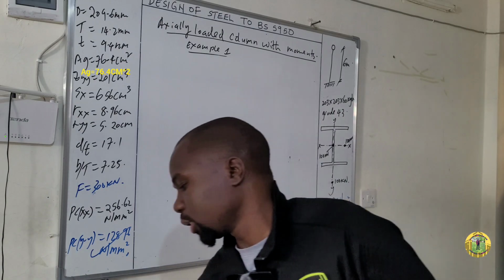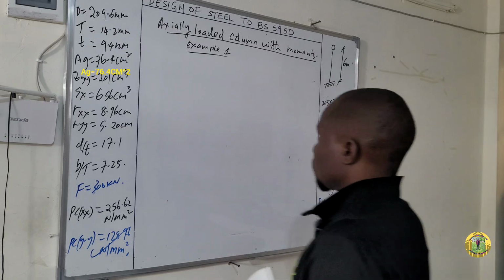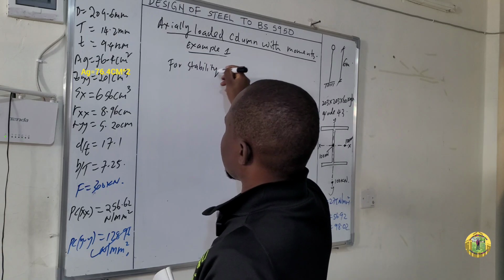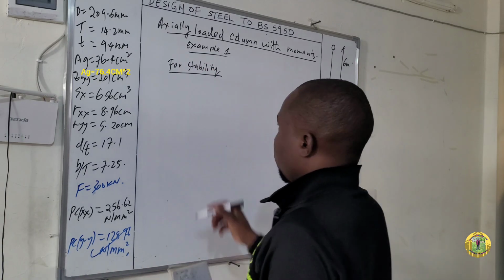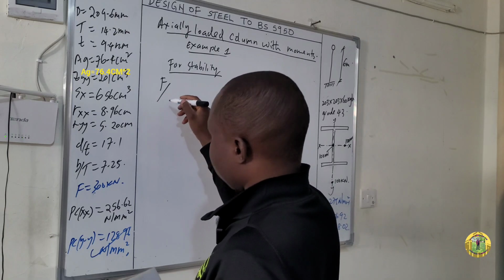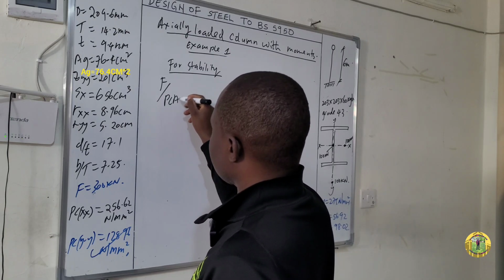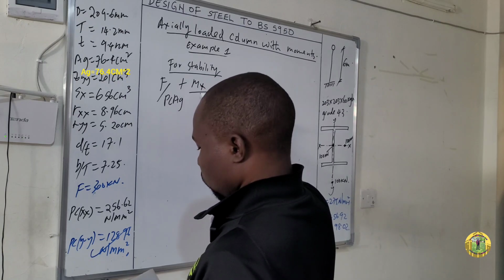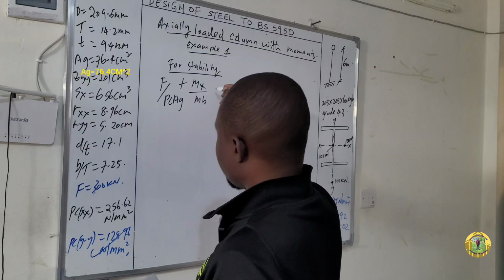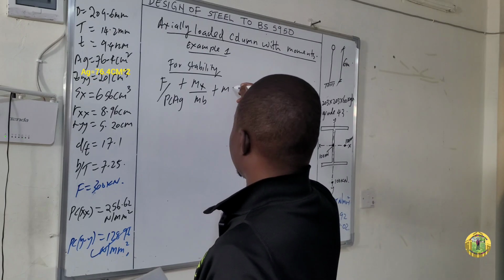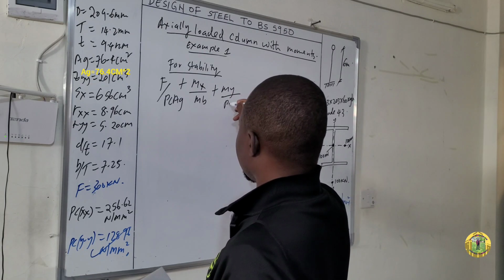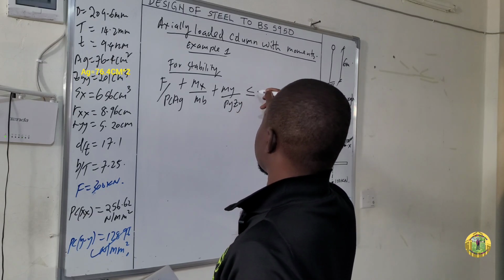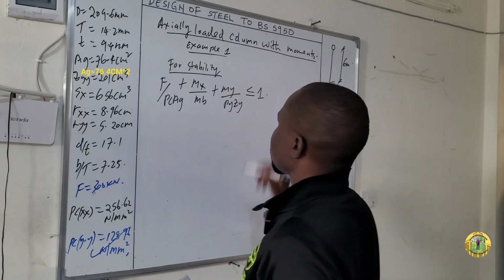So we know that for stability, F over PC AG plus MX over MB plus MY over PY ZY must be less than or equal to 1.